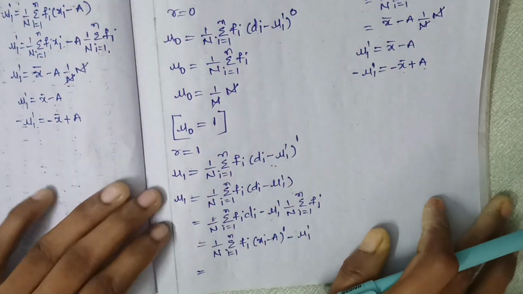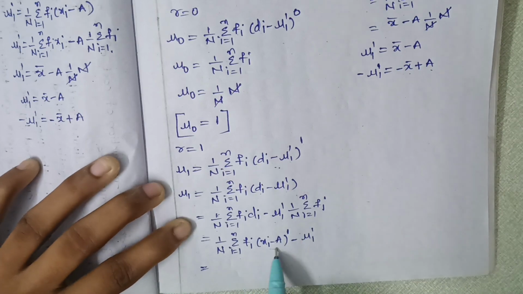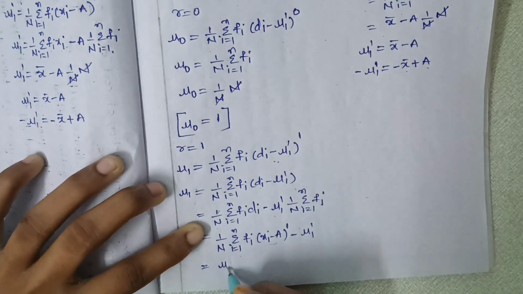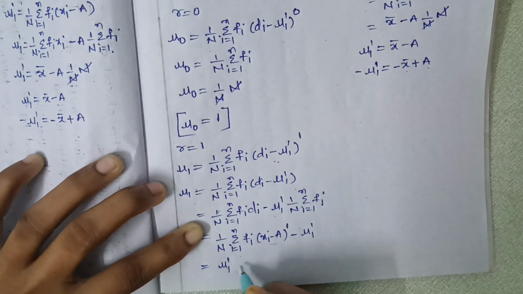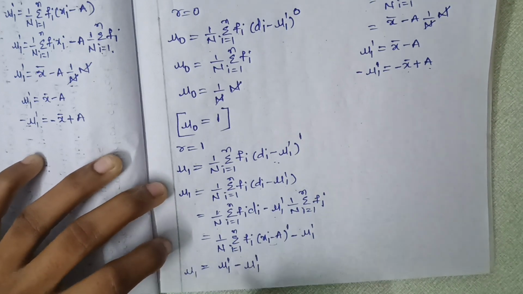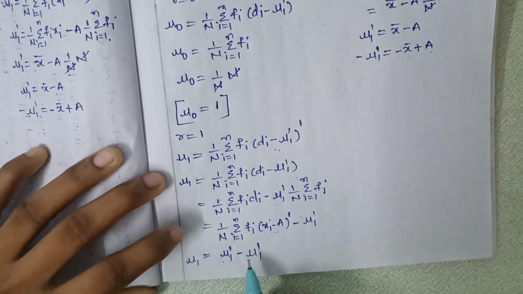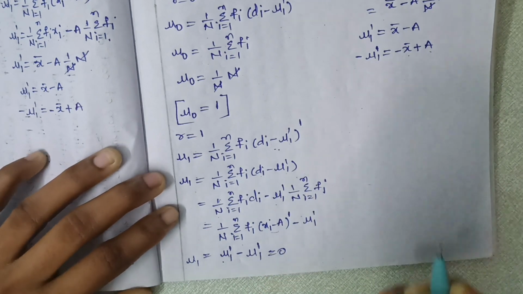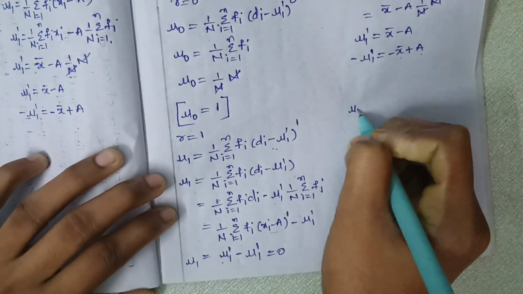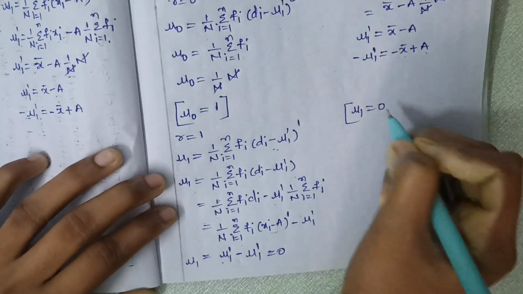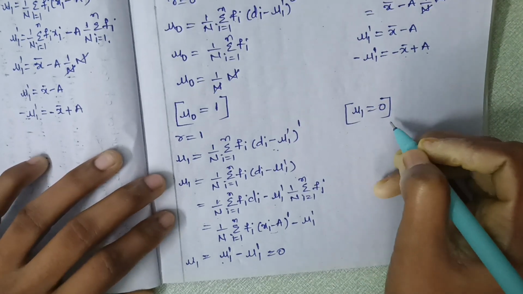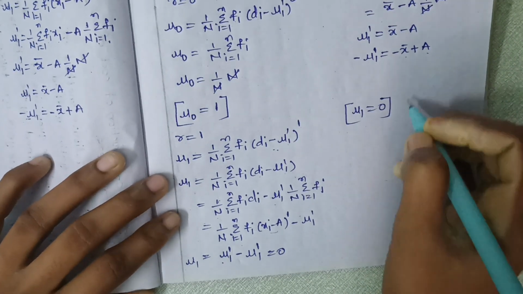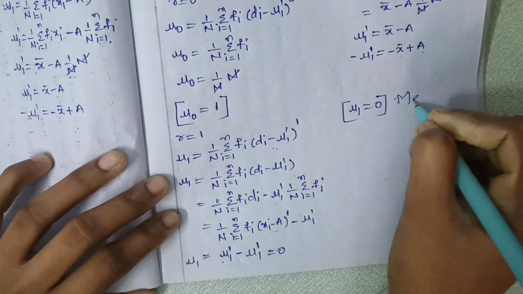So here it is also the same. So we can easily write it as mu1 dash minus mu1 dash. Therefore mu1 dash minus mu1 dash is equal to 0. So we got mu1 is equal to 0, which is the first central moment, and it is also called the mean.